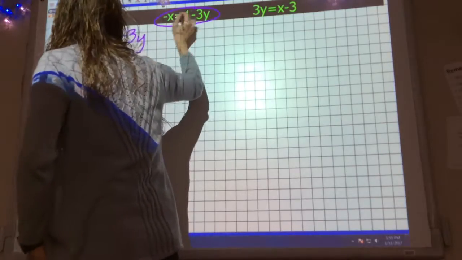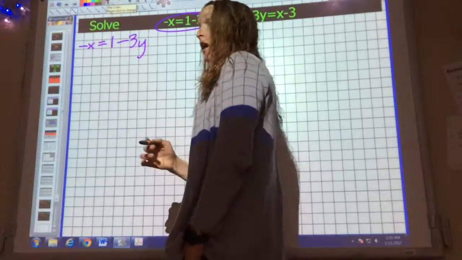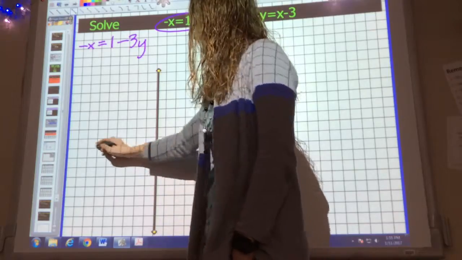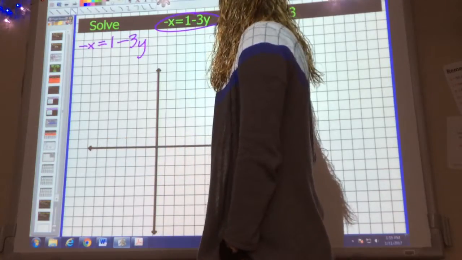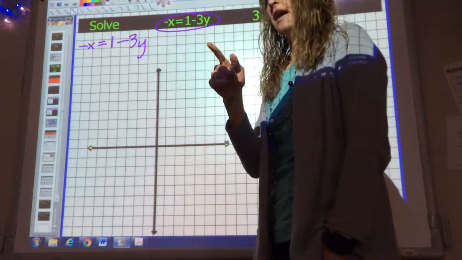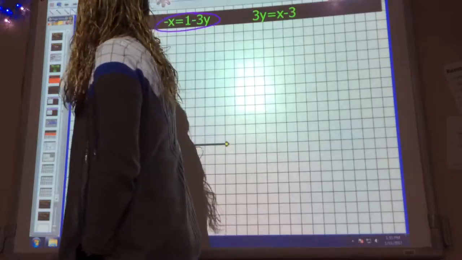Find the y-intercept, where x equals 0, and find the x-intercept. Let's do that.